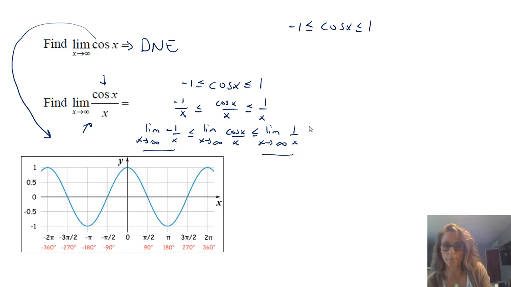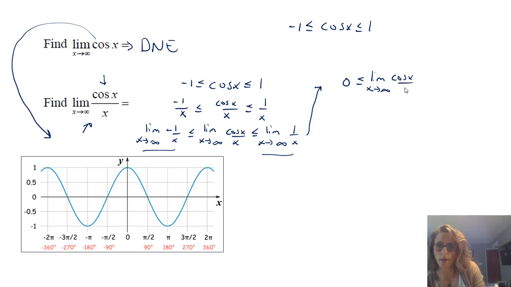We learned that earlier. So I'm going to bring it up here, and that tells us that 0 is less than or equal to this limit as x goes to infinity of cosine x over x less than or equal to 0. And so it's squeezing that limit and telling us, well, the answer to this must be greater than or equal to 0 and at the same time less than or equal to 0. So it must be equal to 0.